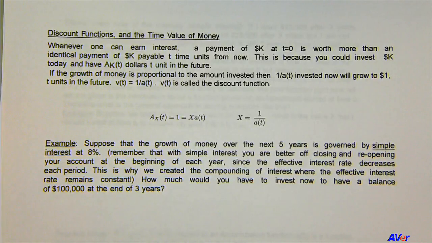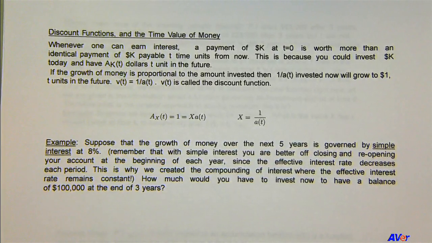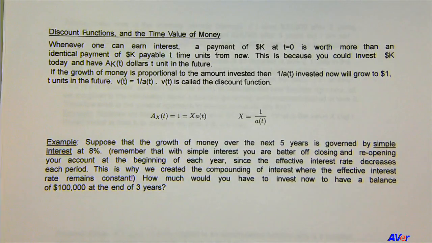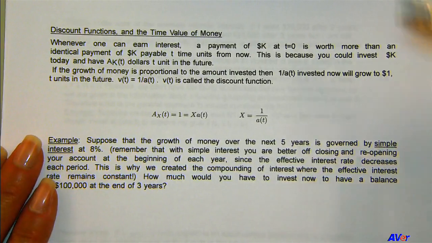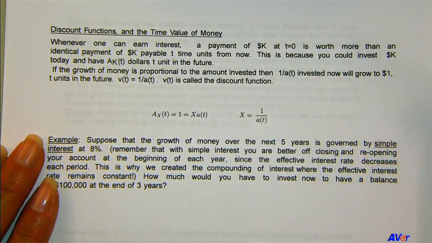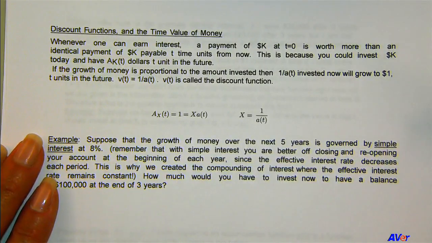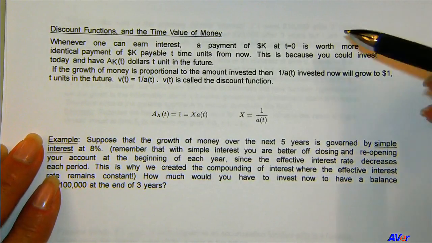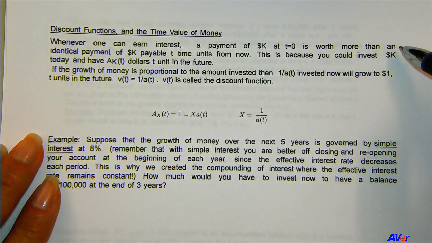So the next page talks about a discount function, not to be confused with a discount rate. Totally two different things, okay? So it says here, whenever one can earn interest, a payment of k at t equals 0 is worth more than an identical payment of k payable t time units from now.